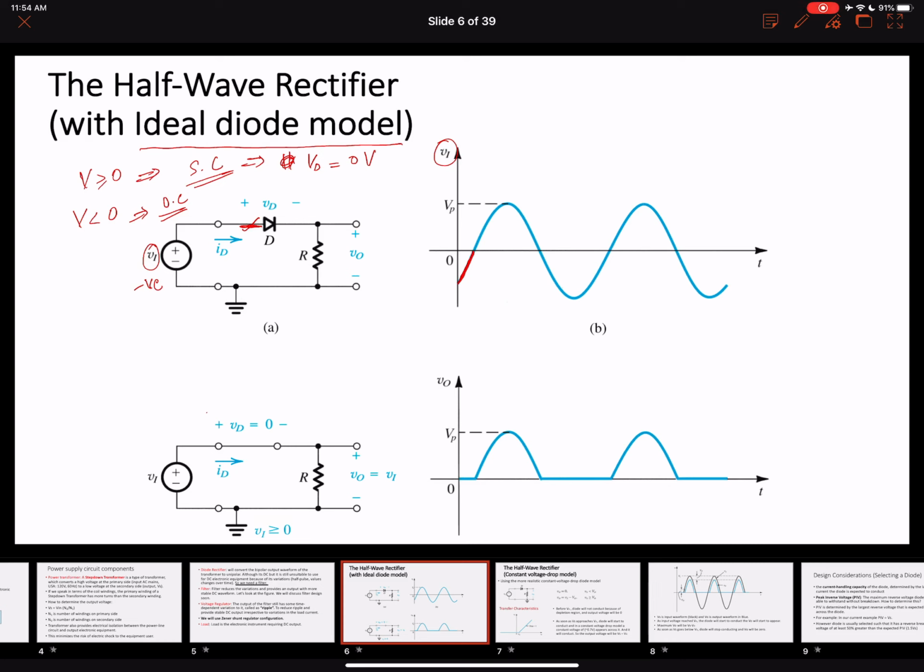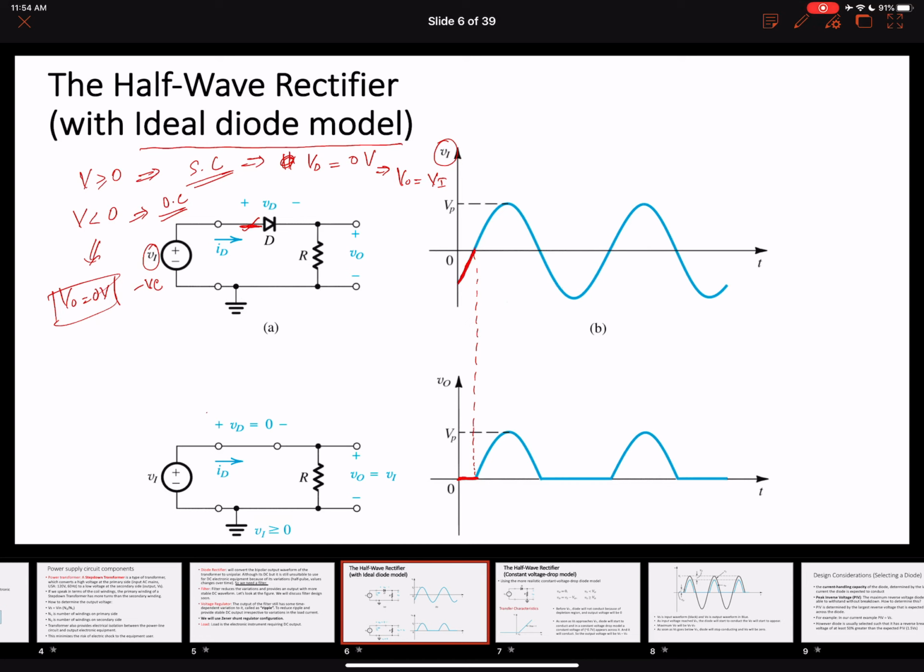When it is an open circuit, the output voltage becomes equal to 0 volts. So in the entire period when it is reverse biased, the output will continue to be 0 volts.